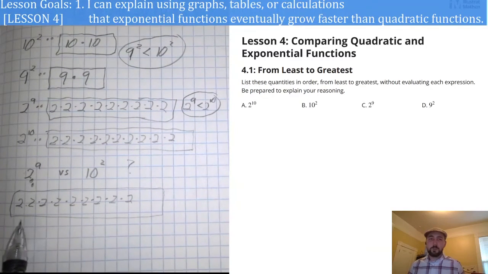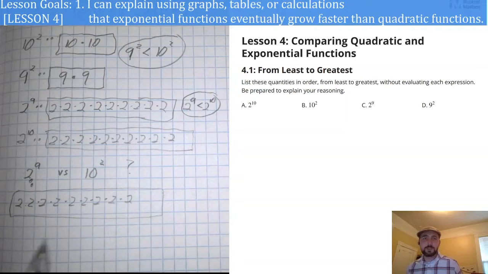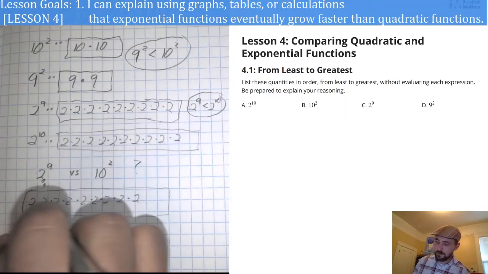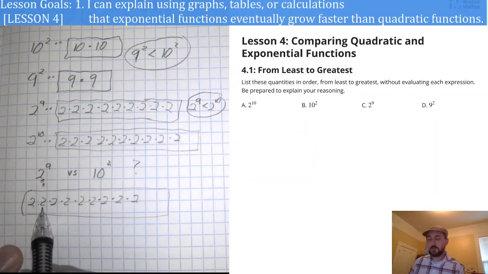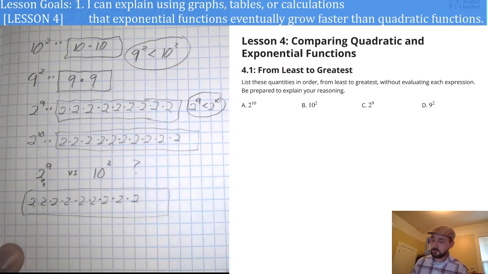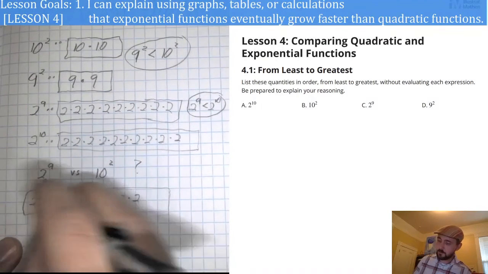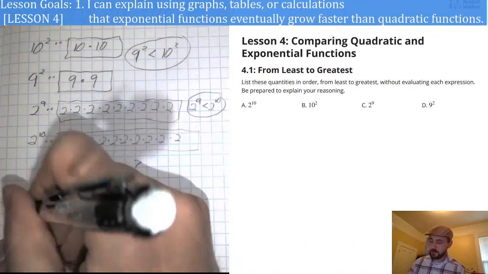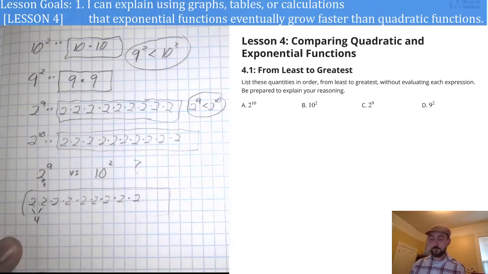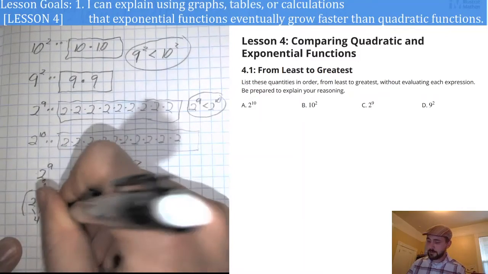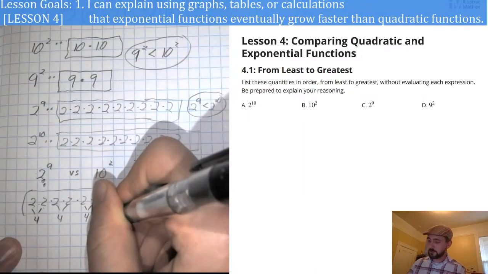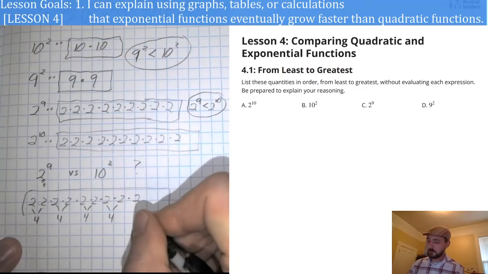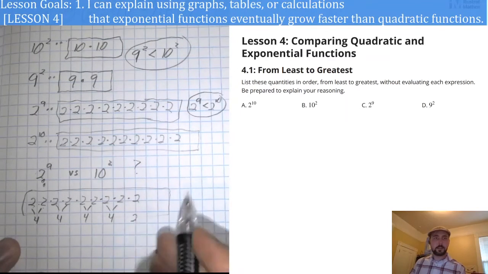And I don't really want to multiply all these 9 copies of 2 together, but notice I can do something kind of halfway. So I know that 2 times 2 is 4. Let me give myself some extra room. All right, so 2 times 2 is 4. And these 2's would also become 4, and these 2's would also become 4, and these 2's would also become 4. And then there's an extra copy of 2 at the end.